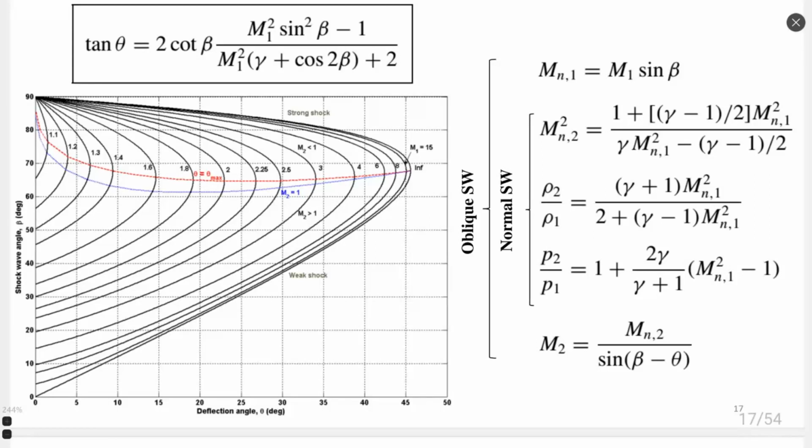The difference between strong shockwave and weak shockwave is, I think, more theoretical than practical, and anyway can be studied in the book. In our applications, we use just weak shockwave. We never use strong shockwave.